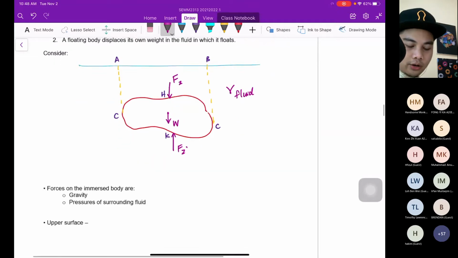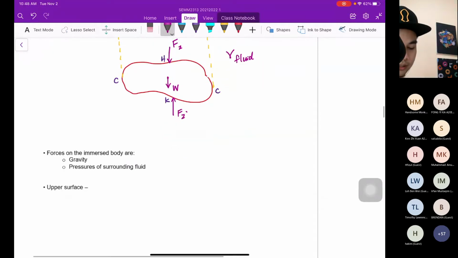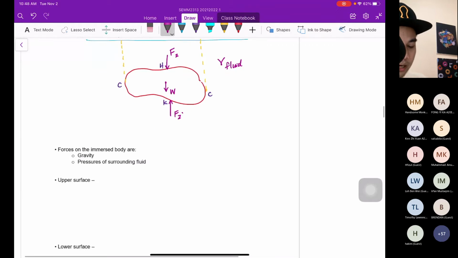So the forces on the immersed body involve gravity and the pressure of the surrounding fluid. Here I want to highlight the upper surface.